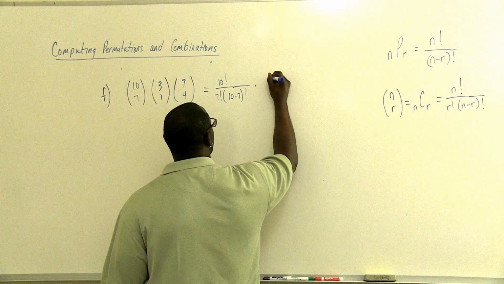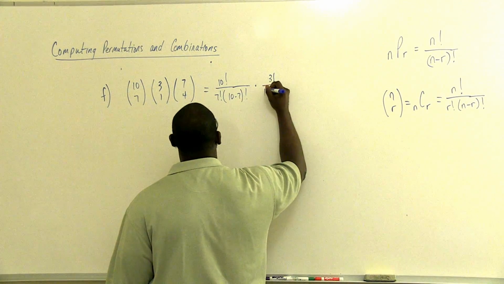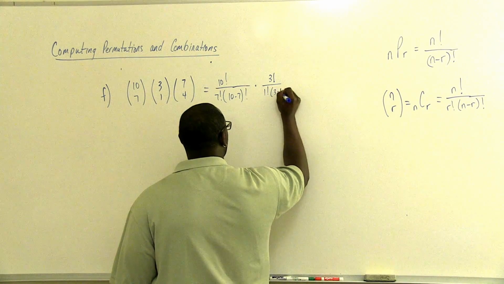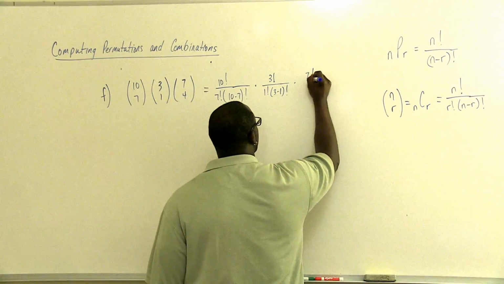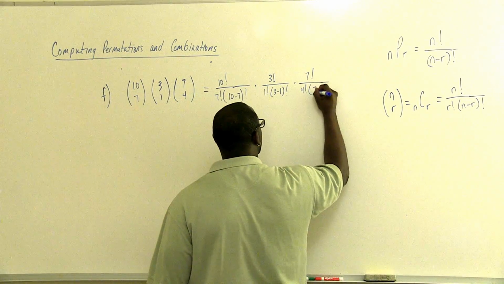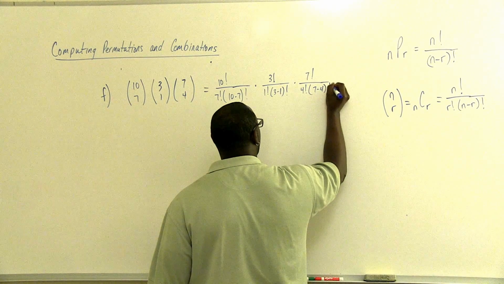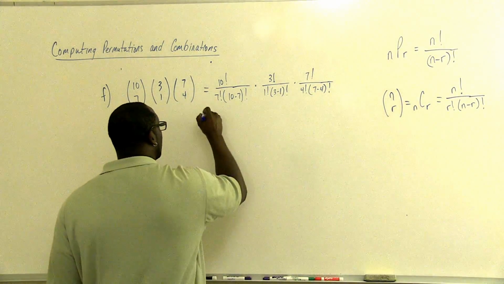And then that's multiplied by 3 factorial divided by 1 factorial times 3 minus 1 factorial. And then we say 7 factorial divided by 4 factorial times 7 minus 4 factorial. Okay?